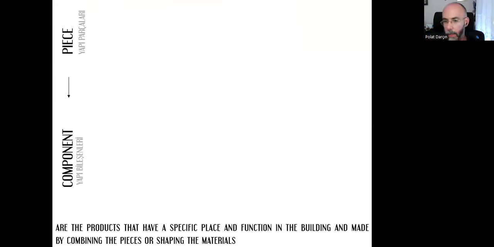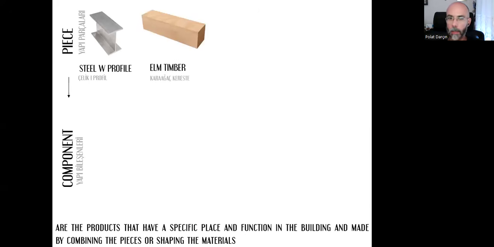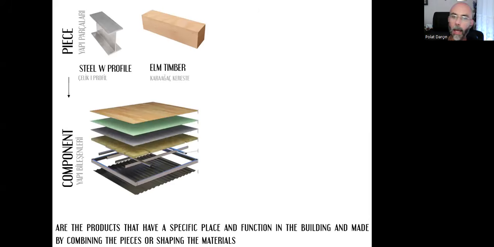Components are the products that have a specific place and function in the building and are made by combining the pieces or shaping the materials. Let's get lots of steel H profiles. Or instead of steel profiles, we can have lots of elm timber. And we can create this structure. You can see it here. We place them to form a grid system.